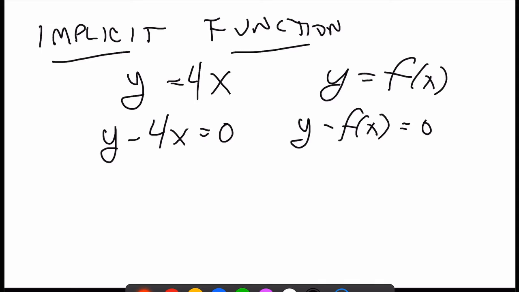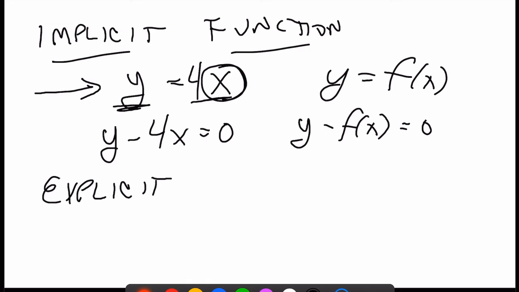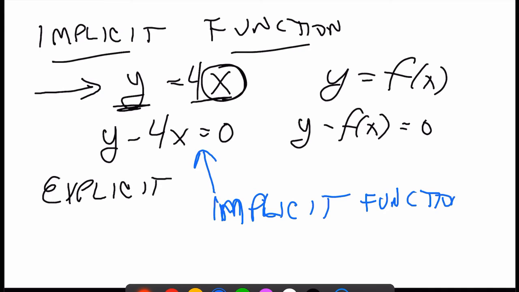Okay? Now, this is called an explicit function because y is explicitly defined as a function of x. This one is called an implicit function because y and x are related, but it's not written in a way that y is clearly a function of x.